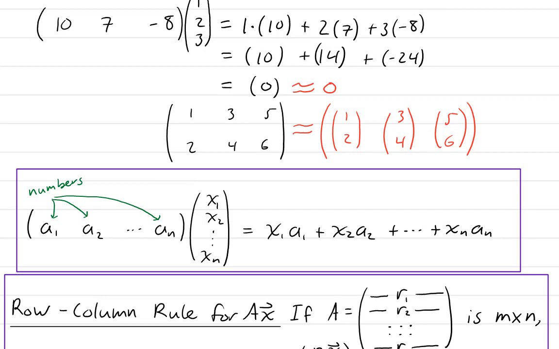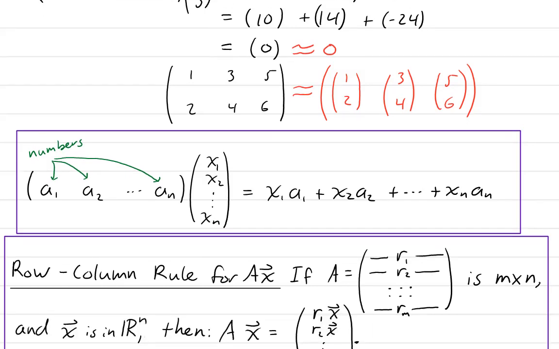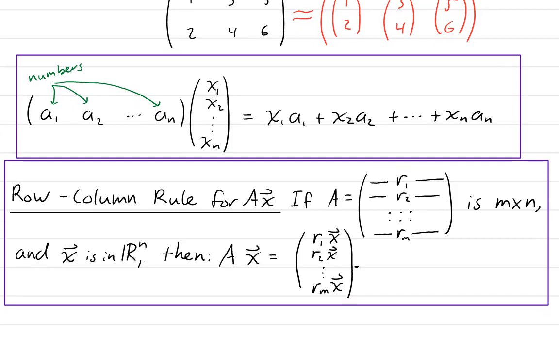Now, with that in mind, let's look at this alternative definition for computing the result of a matrix times a vector, the row-column rule. If you have an m by n matrix, you can take each of those m rows and think of it as an individual single row matrix.